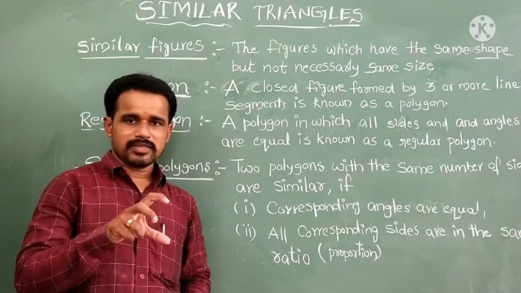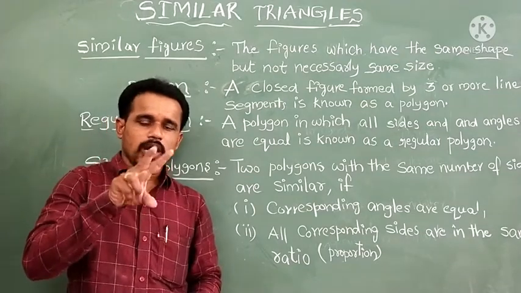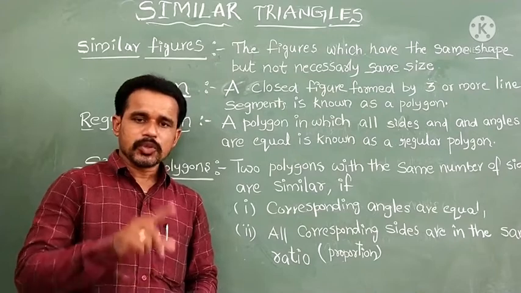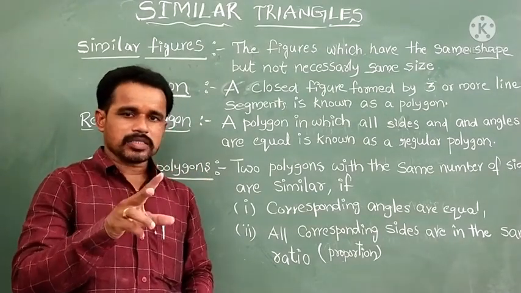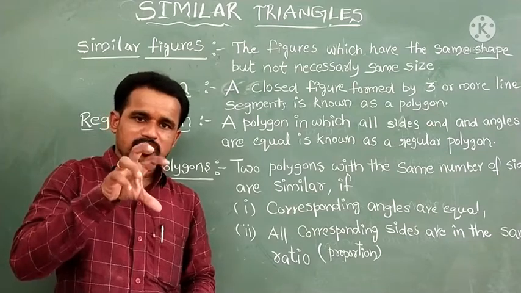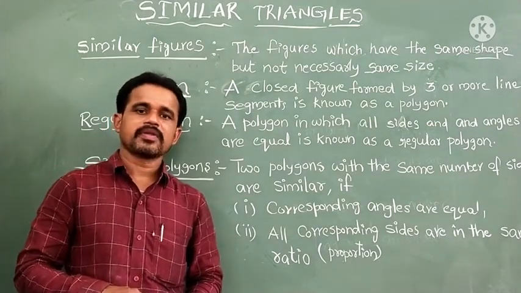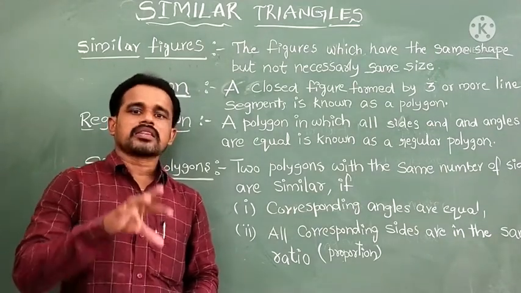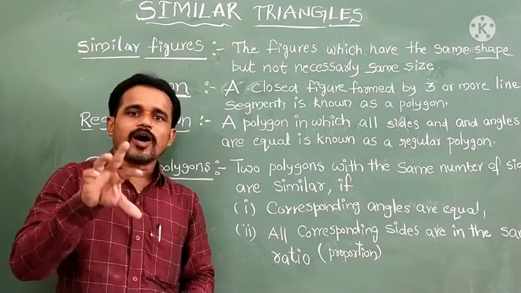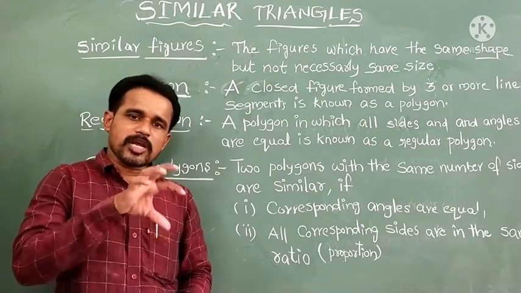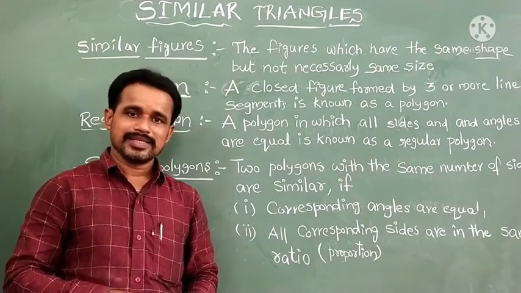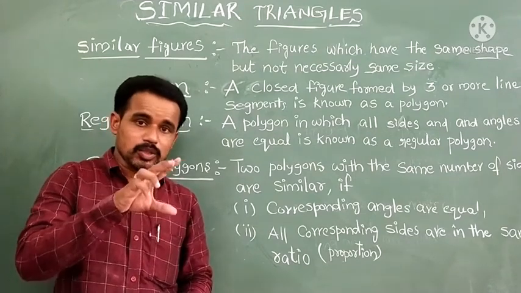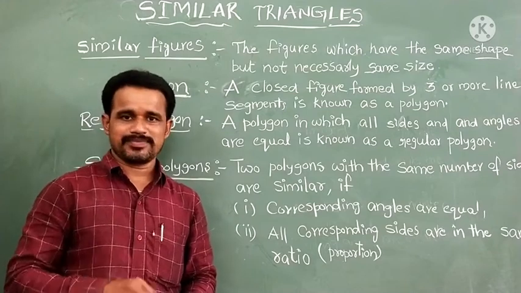What is similar? That means if you take two objects, you need to check whether those two objects are similar or not. On what thing will you base it? We will base it on the shape of the objects. If the shape of the two objects is the same, then we can say that those two objects or those two figures are similar.